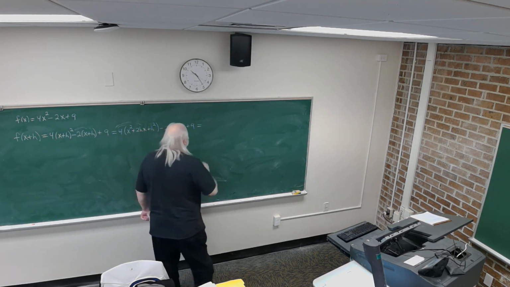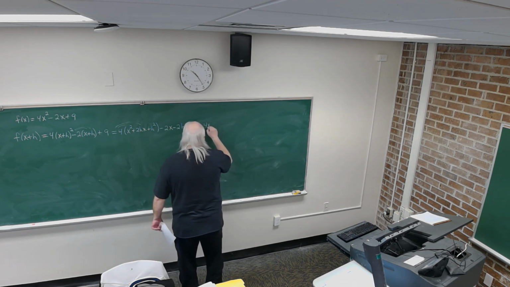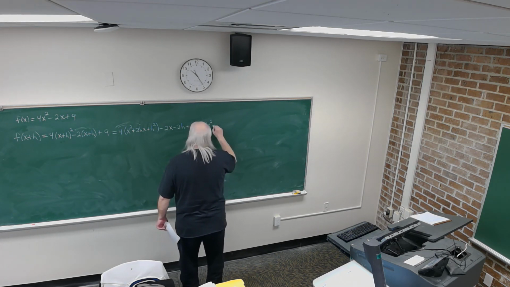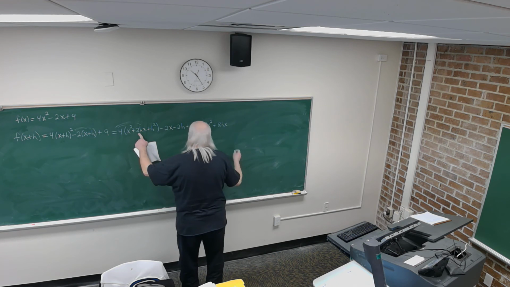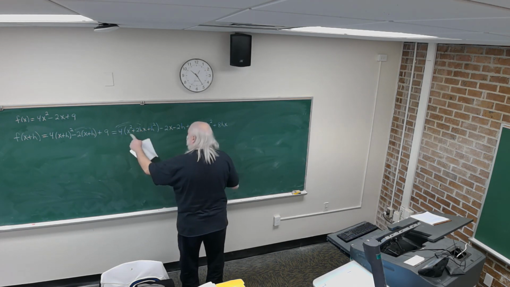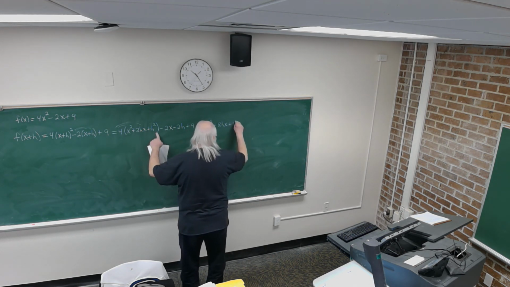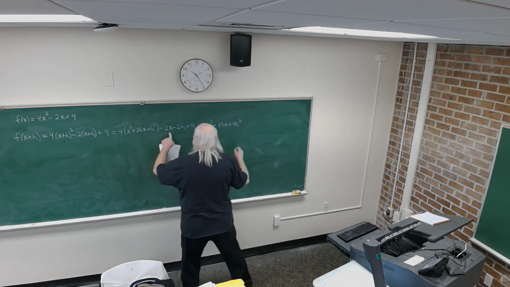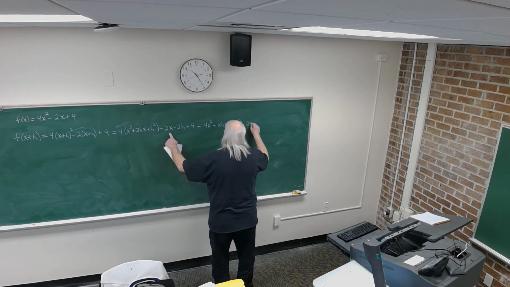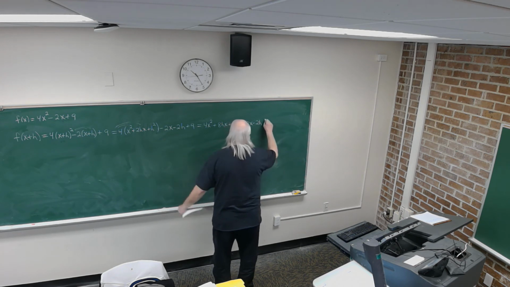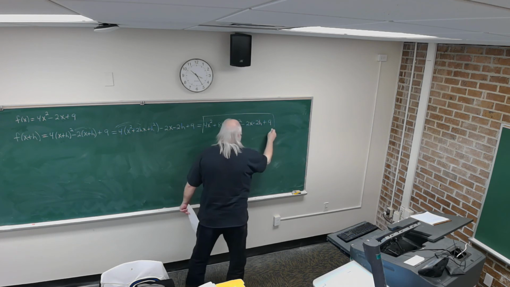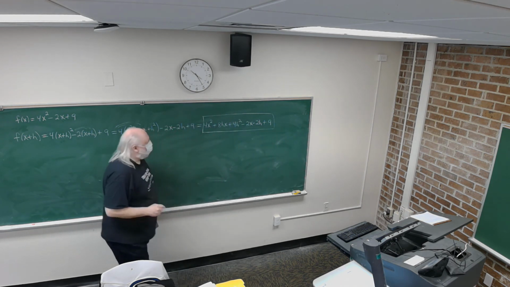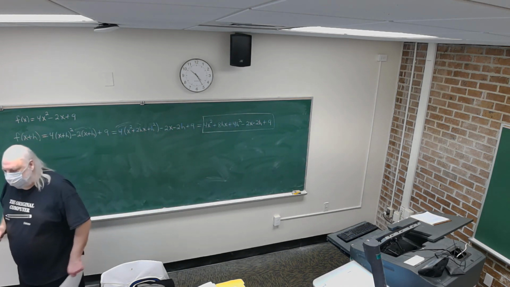And you have 4x squared plus 8hx, right? So 4 times x squared is 4x squared. 4 times 2 is 8, so we have 8hx. And then 4 times h squared. And then minus 2x minus 2h plus 9. And you'll notice those 6 terms, we have no like terms.